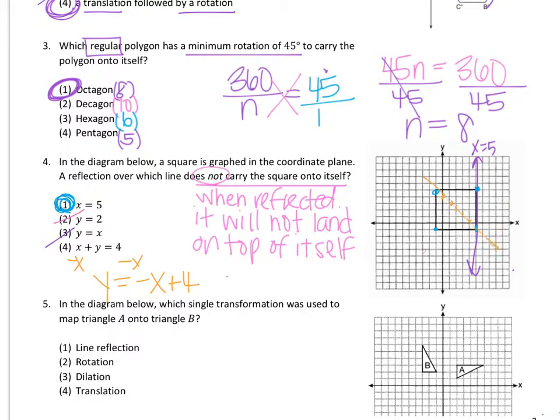So now we're landing on the other diagonal. And if I were to use that same method as before, reflecting through this diagonal means that we are swapping positions. Okay, we're going perpendicular to the original line, which means that choice 4 is not our answer. So again, choice 1 is the correct answer for number 4.